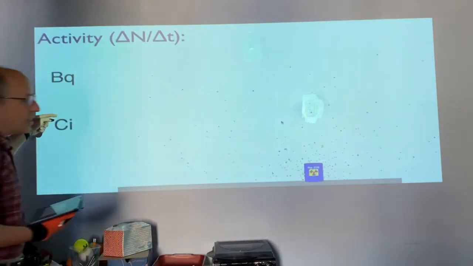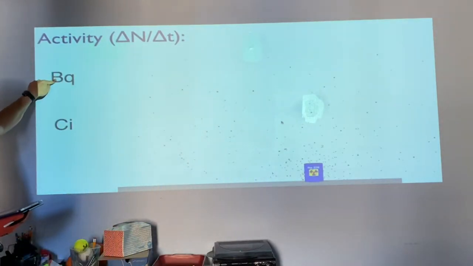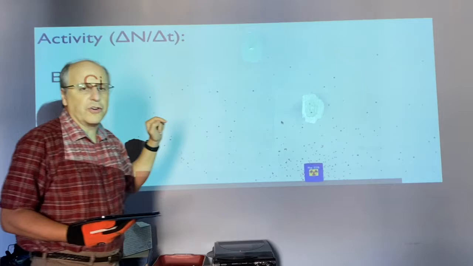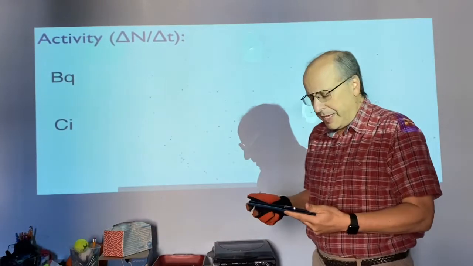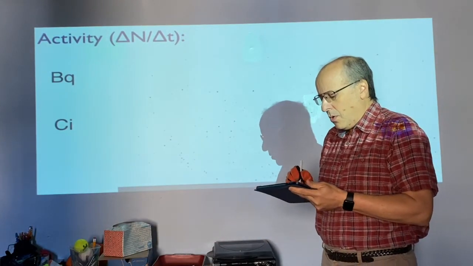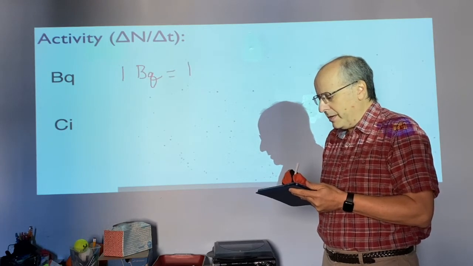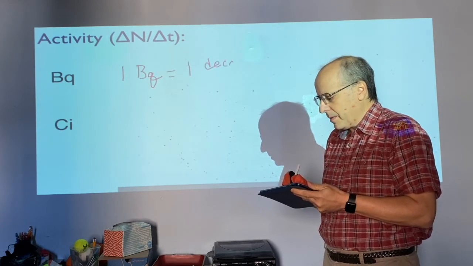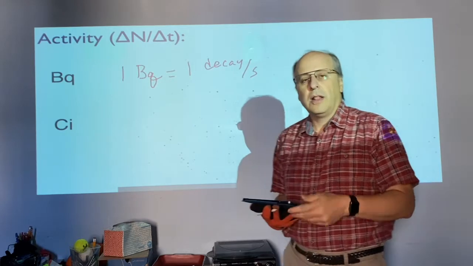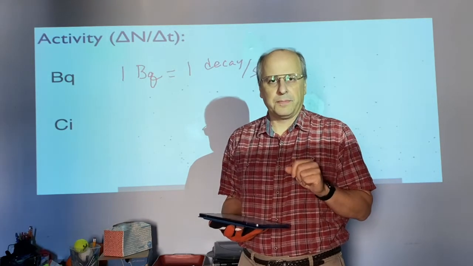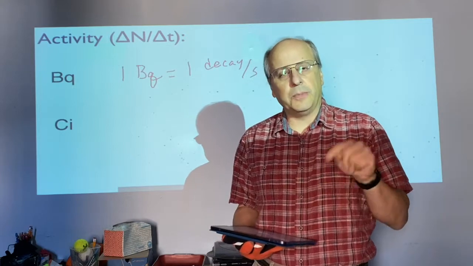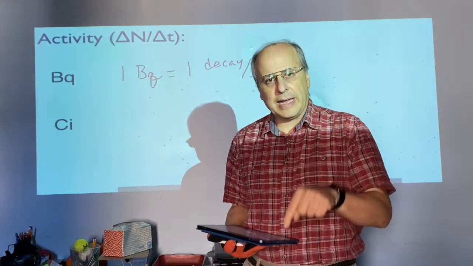And the two most common units for activity are becquerels or Curie. Becquerels makes the most sense. 1 becquerel means 1 decay per second. Logical, simple. This is the standard we should be using when we measure activity.